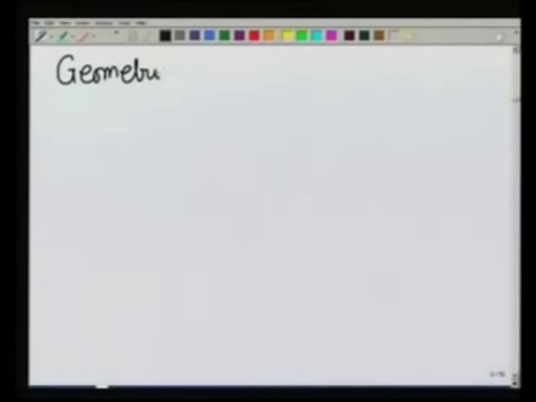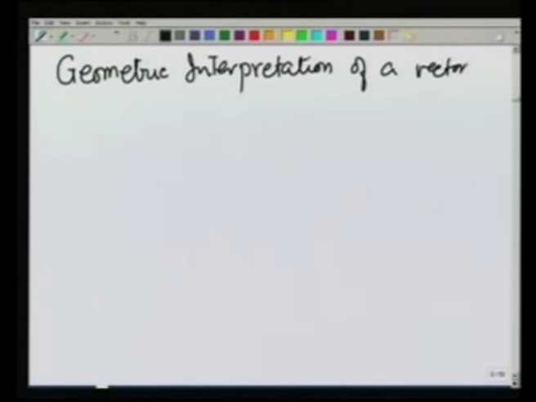Let us now look at the geometric interpretation of a cross product, of a vector product.